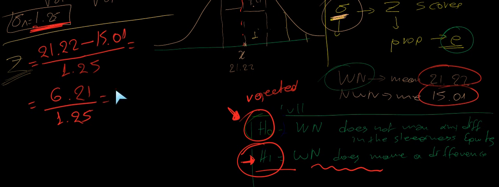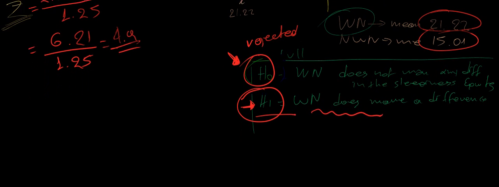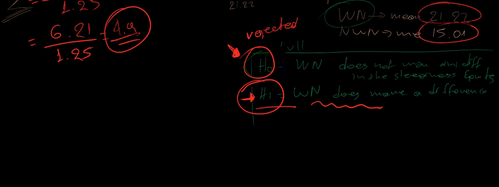So you have to see that it is highly unlikely what we're going to prove here. 4.9. Okay, that means, if we're going to discuss it again, 4.95 standard deviations from the mean.